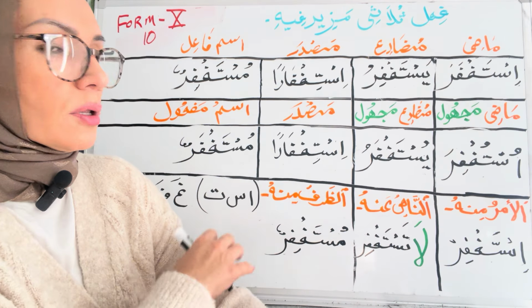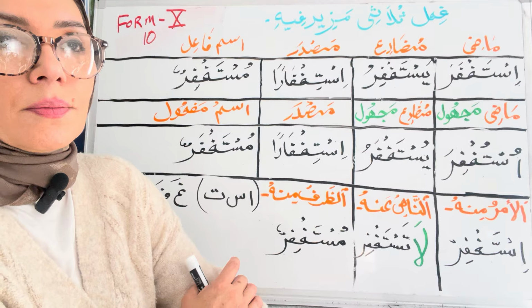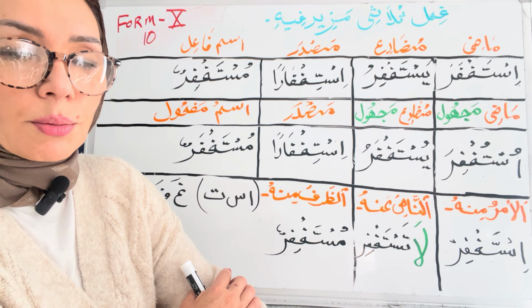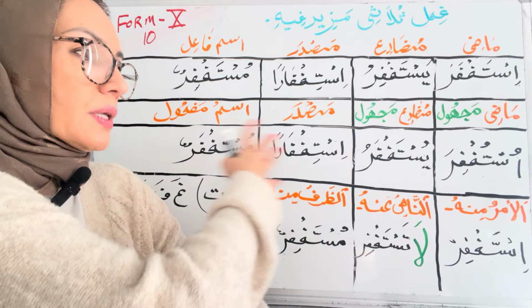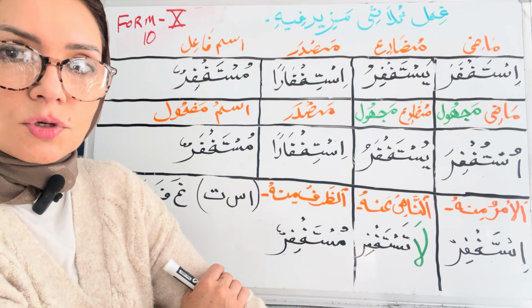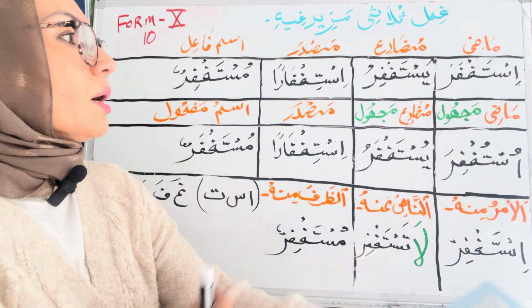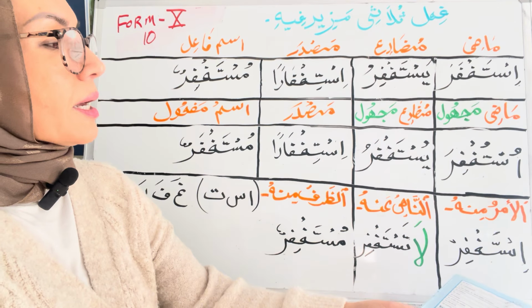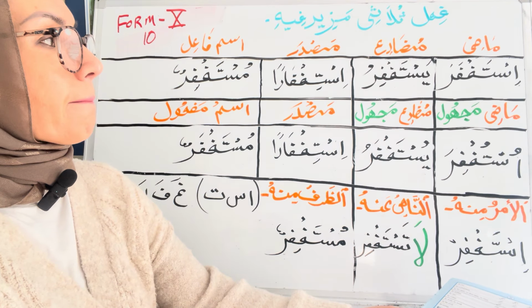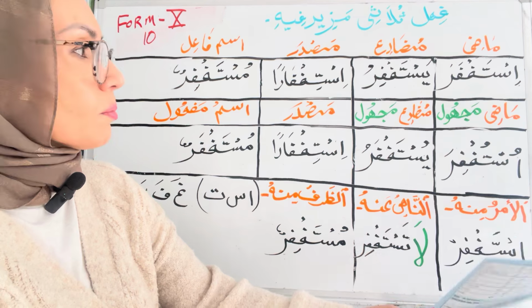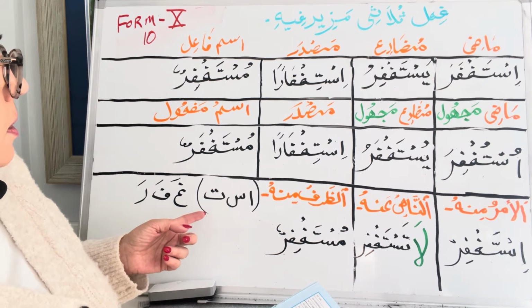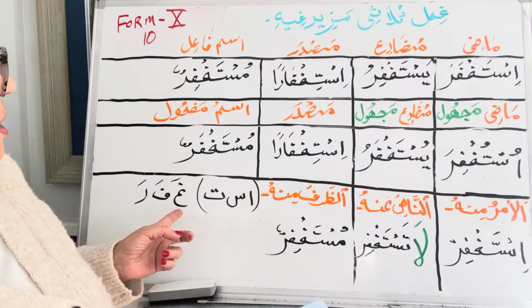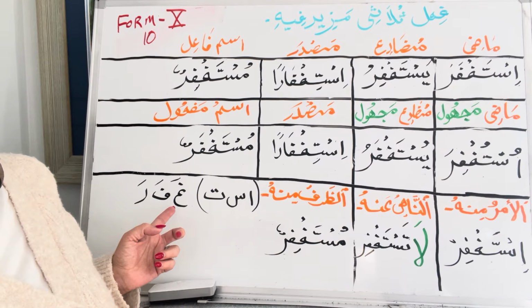But you have all of the other ones. So now you can put any verb in those forms and just follow along, and everything follows. It's the same. So if we have another verb that we want to add instead of ghafara, let's just say fa'ala, right?